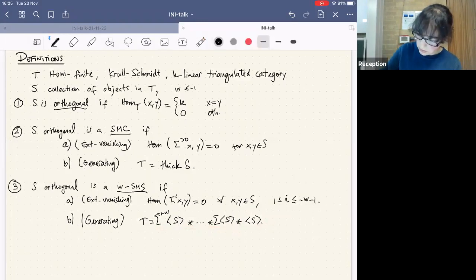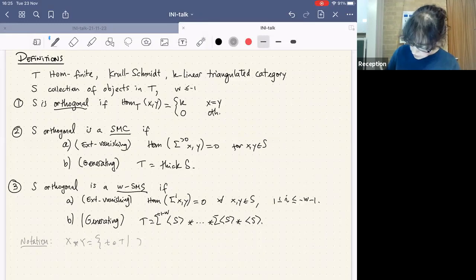But what's this notation? So this cross here, X cross Y, this is just the elements in the category which sit inside a triangle where the first element is in X and the third element is in Y. Okay, and then these funny brackets here mean extension closure.